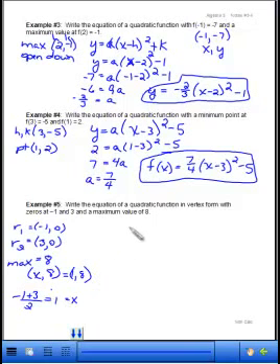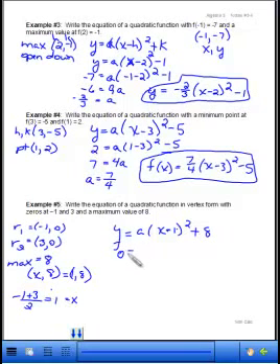Okay, so we have y is equal to a times x minus 1 squared plus 8. Okay, and we use one of our roots then for our x, y point. Now, it doesn't matter, but I'm going to use 3, 0 because they're all positive.